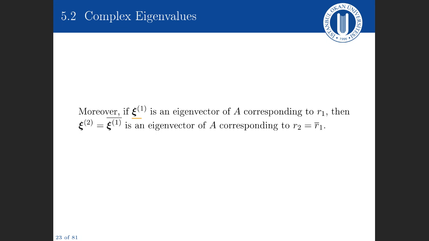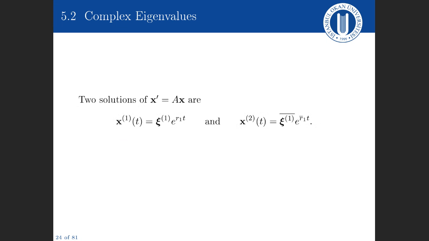If xi1 is an eigenvector corresponding to r1, then the complex conjugate of xi1 is an eigenvector corresponding to r2. So two solutions of our linear system are xi1 e to the power r1 t and the complex conjugate of xi1 e to the power of the complex conjugate of r1 t.